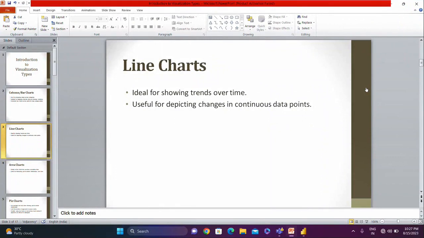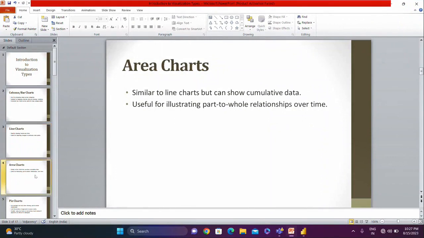Okay, now let's go ahead with the next one, that is the area chart. It is similar to a line chart, but can show cumulative data, and is useful for illustrating part to whole relationships over time. So this is more or less similar to the line chart, but there are some additional advantages: it can help us show cumulative data, and it is also useful for illustrating part to whole relationships over time.